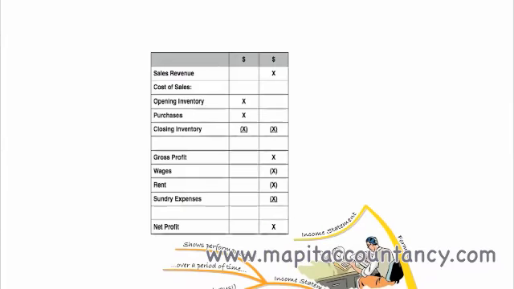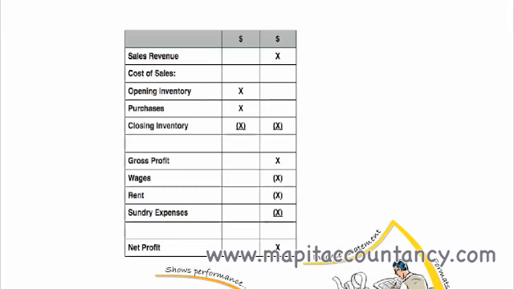Well, the income statement will look something like this. So we have the sales revenue at the top. We then have what has gone in to make up the cost of sales. So that's really the purchases we have. However, remember, we have some opening inventory. So it will be added in because we probably have sold that opening inventory.